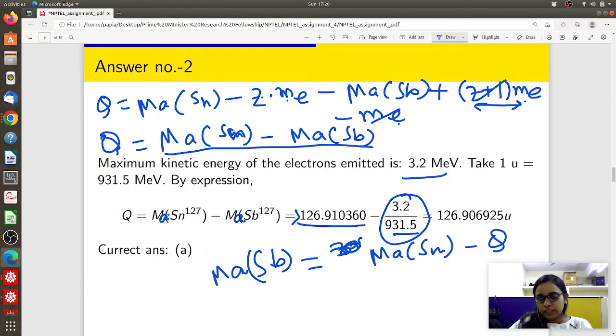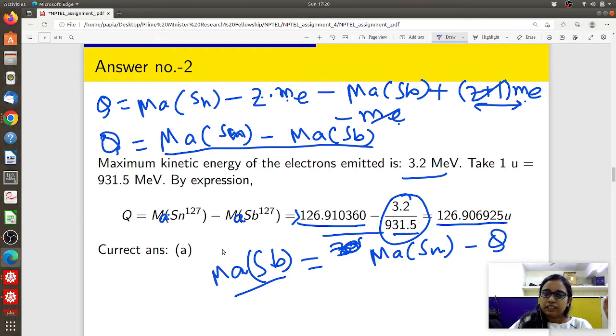So we have to convert this MeV into that unit. So after converting all these things, we can have that expression, 126.910360 minus 3.2 divided by 931.5. So this is the answer for the atomic mass of Sb.